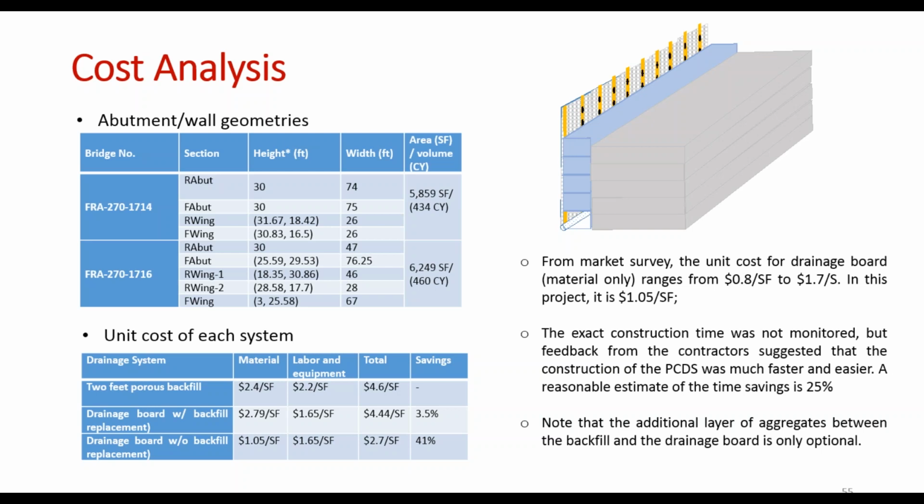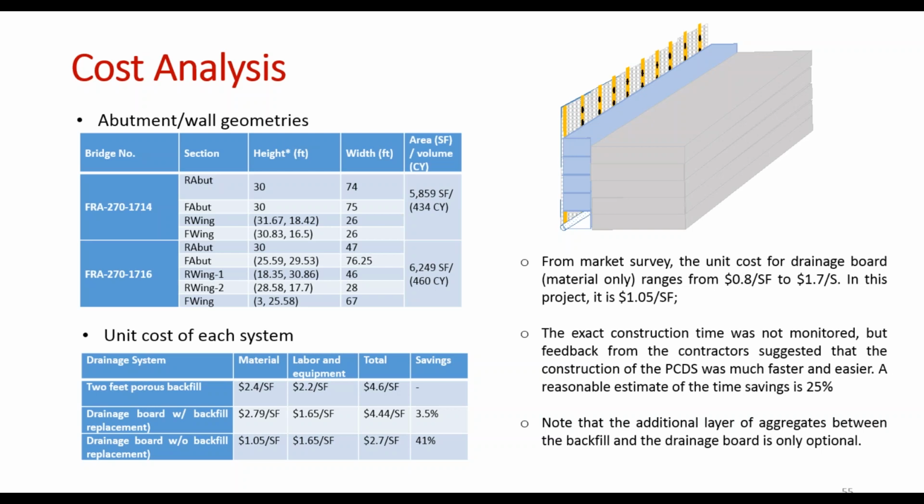So for a reasonable estimate of the time saving, we took 25%, which is conservative to me. But anyway, the labor and the equipment cost will be about $1.65 per square foot. So the total will be a little bit lower than the traditional system, resulting in a 35% savings, which is not large.